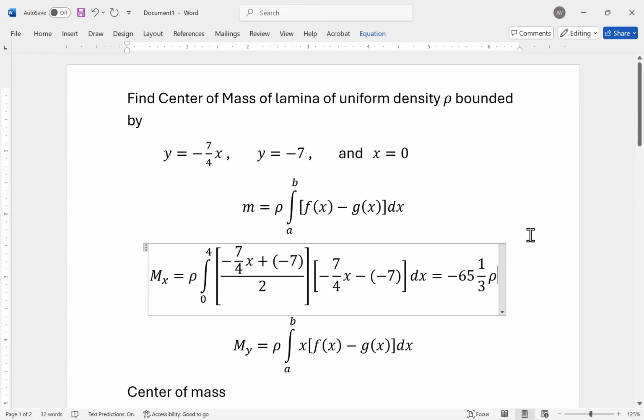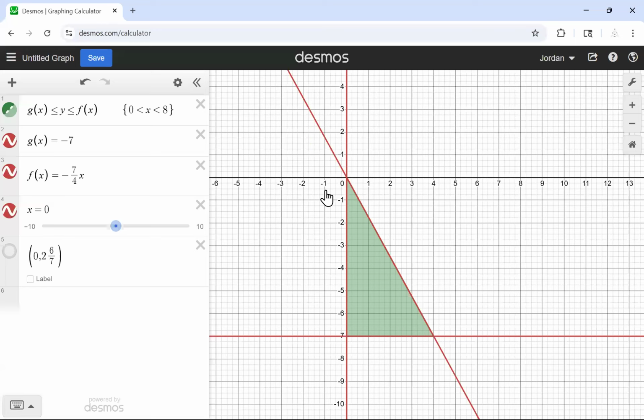And that should make sense based on our drawing that we saw. This object is entirely underneath the x-axis here. So we should expect our moment about the x-axis to be negative. We need to go below here, go down.